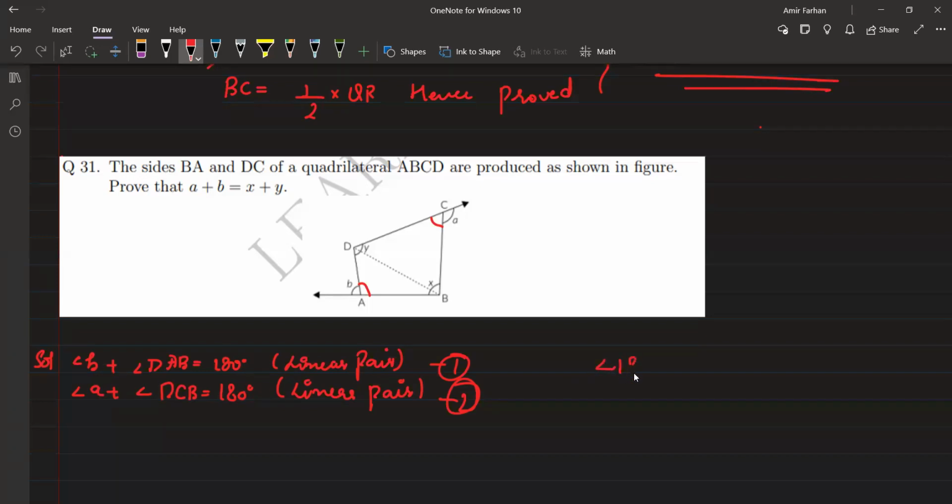Dekho, 180 equals 180. Is it true or false? True. So instead of this 180, I can write this equation, and instead of that 180, this equation. That's how you equate the equations. I hope it's clear to Yatika, Zaid and Aris. So angle B plus angle DAB will be equal to angle A plus angle DCB. Now tell me, is it clear, yes or no?